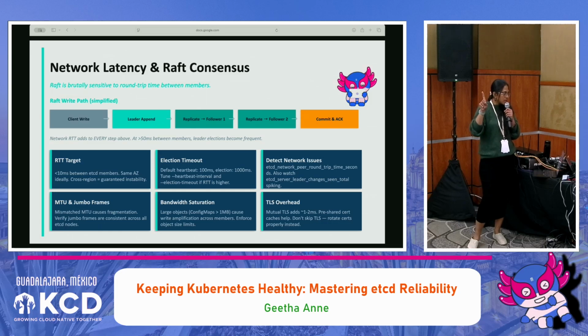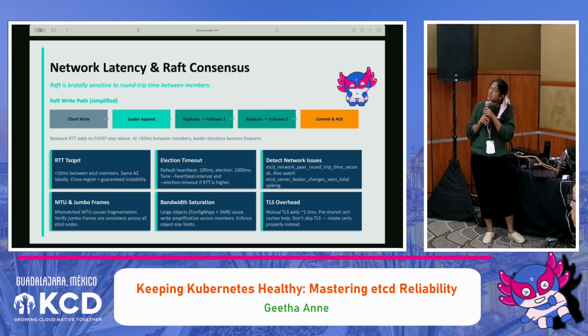One thing people miss is the large Kubernetes objects. Sometimes all these config maps and other objects take up space. For example, if a config map is taking 900 KB, as on the screen, it gets replicated to every member. There are like 7 members, for example. It gets replicated 7 times on every write.